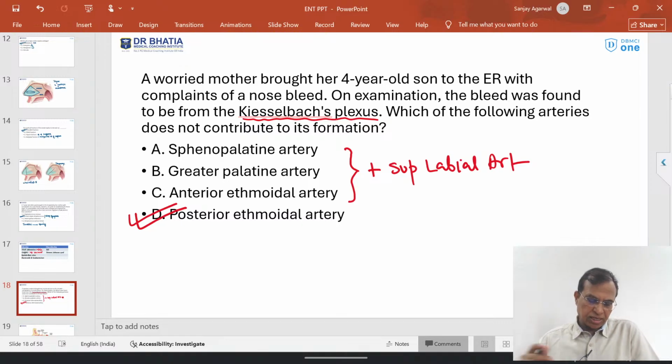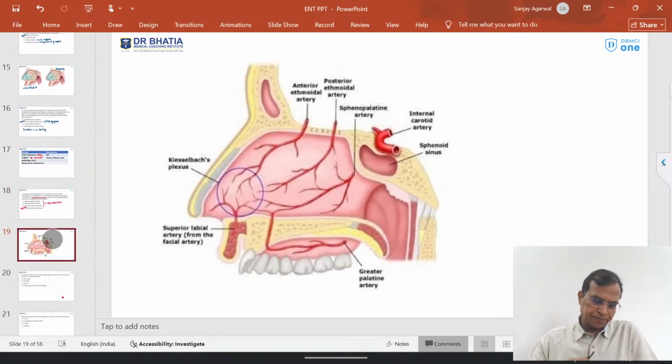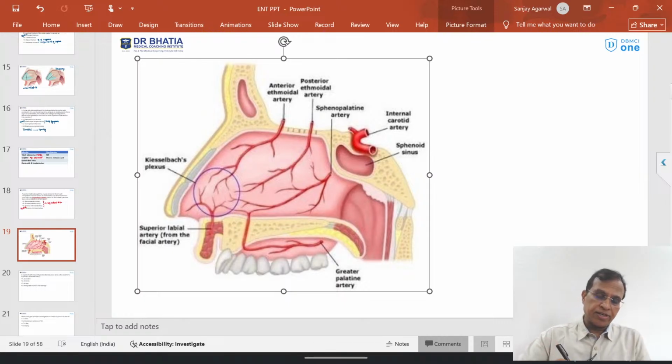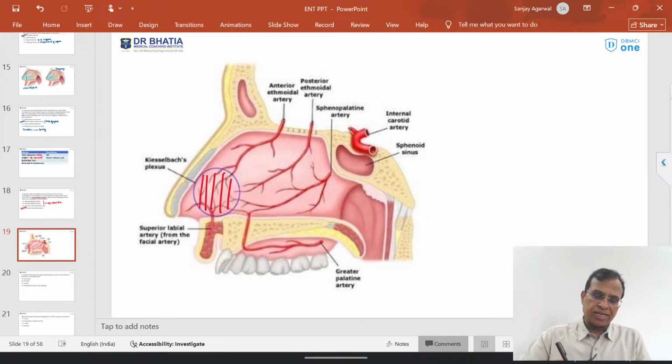Okay, now if you look at this image, this is how the septum with arteries looks, and this ring that you see is Kiesselbach's plexus. Now, anterior ethmoidal artery is this one, it is participating greatly.